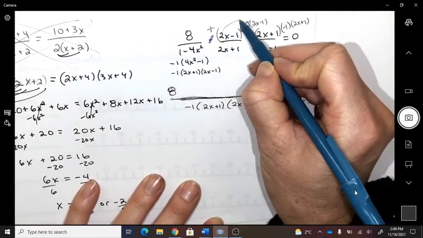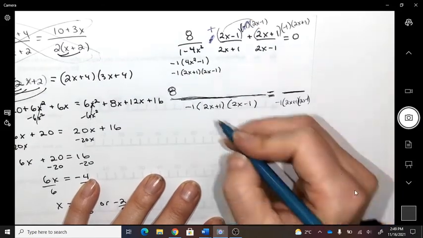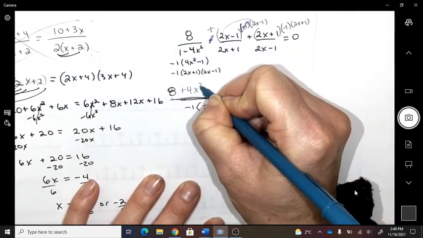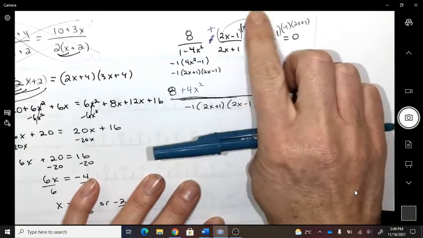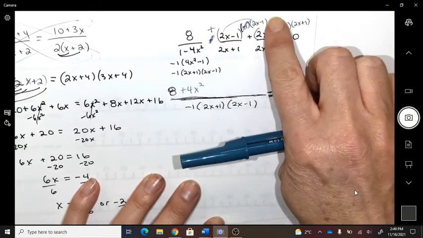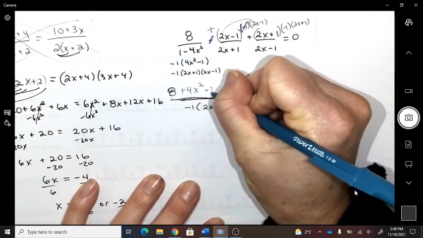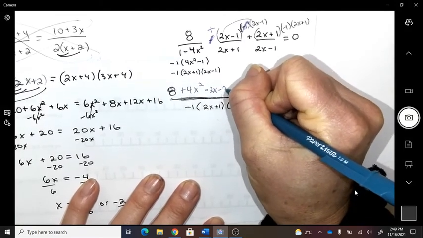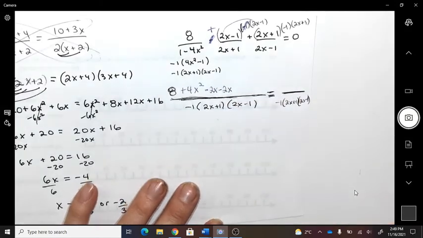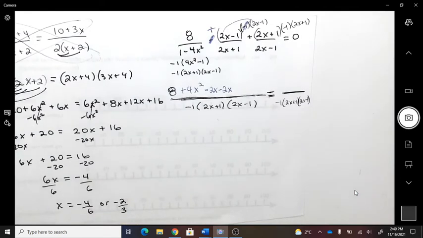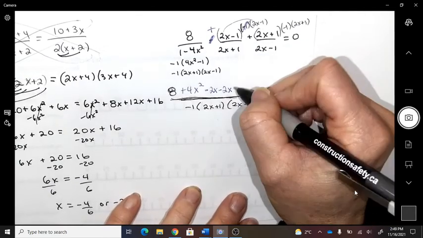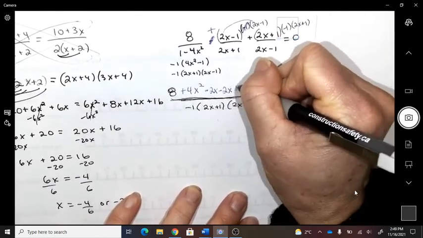You ready? First times first, 4x squared. Outsides make -2x. Insides make -2x. If you're getting good, you might be combining those already. And last times last is plus 1.